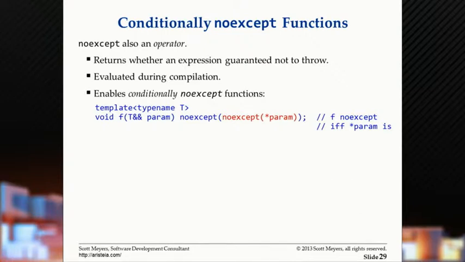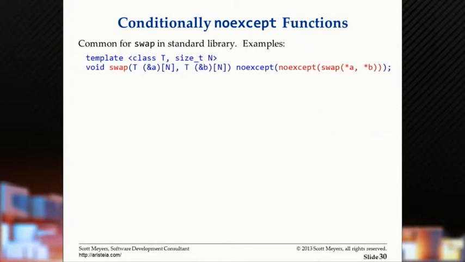But if the expression *param potentially could throw an exception, which means it's not noexcept, then this also is not noexcept. So this is a way of formally implementing conditional guarantees for exception safety.